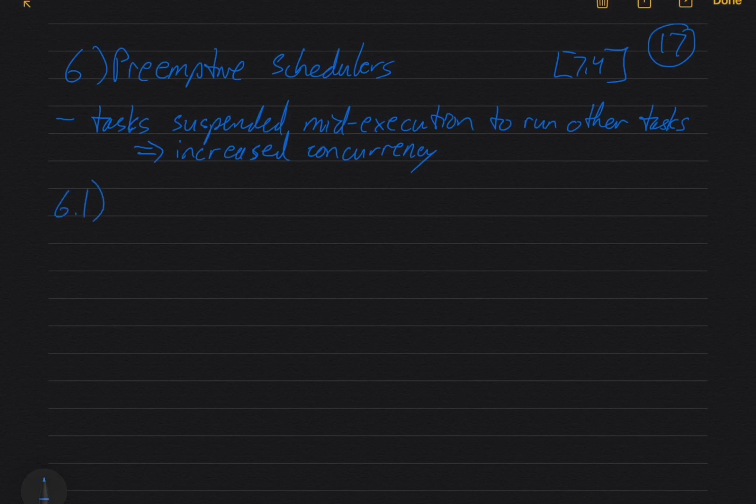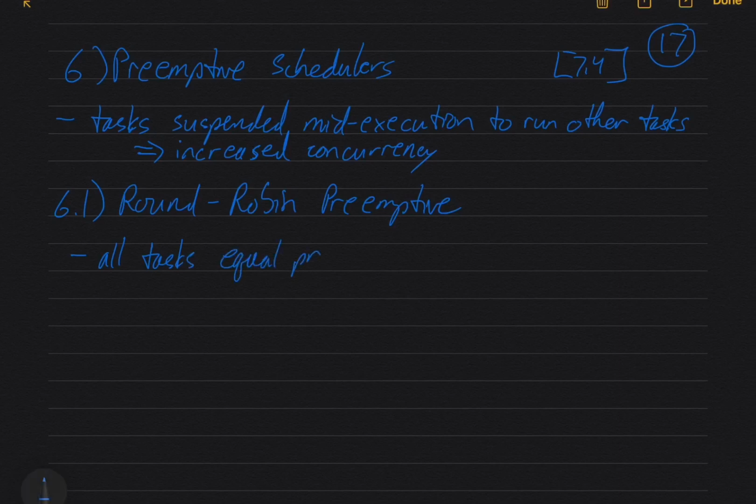So the first one is the round robin preemptive, and the first point is that all tasks have equal priority.